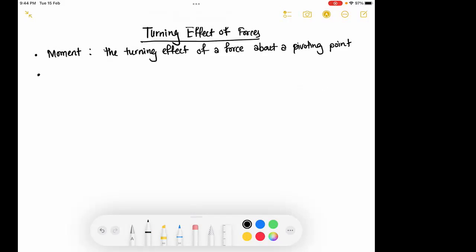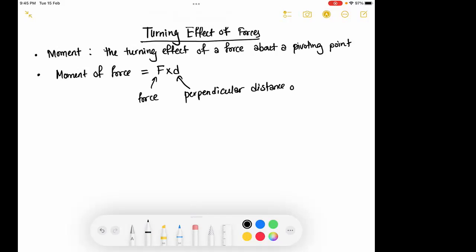What is the equation of moment of a force? Force times the perpendicular distance. F is the force, D is the perpendicular distance of the line of action of F from the pivot.